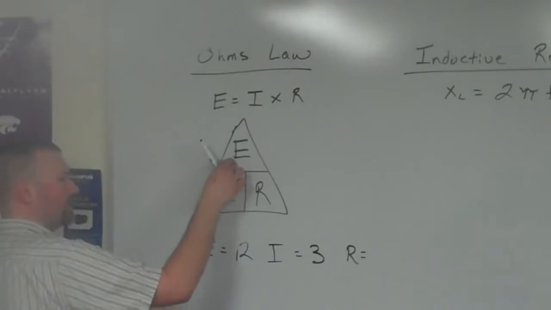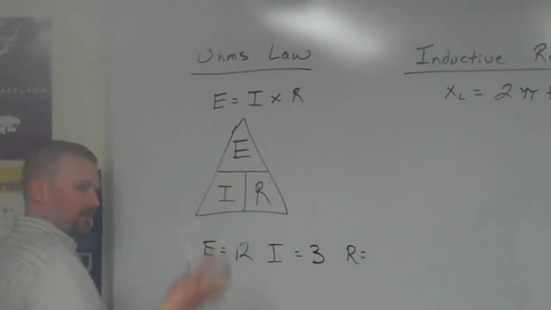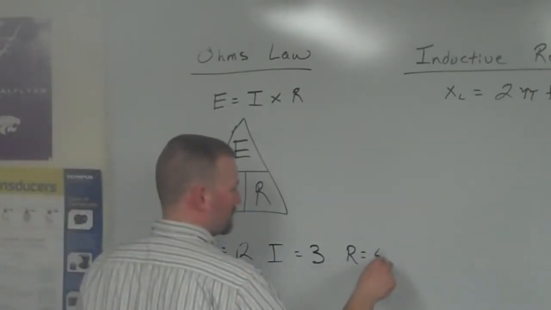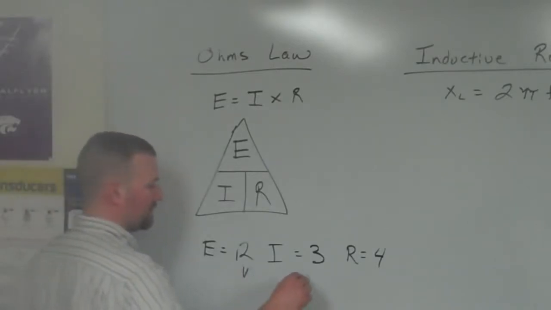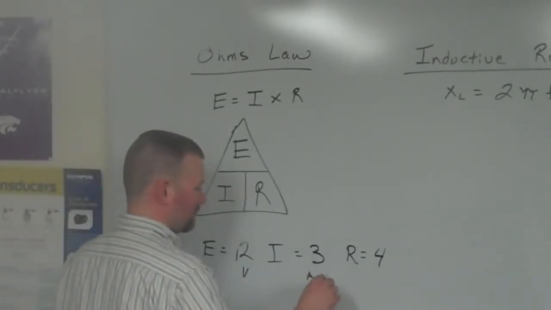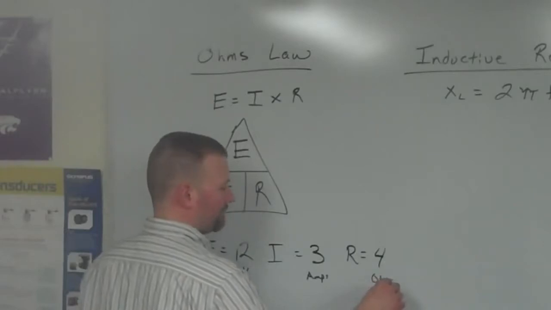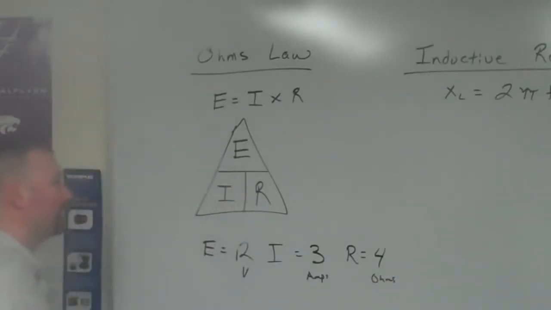We're going to have 12 divided by 3. That's going to equal 4. Very, very simple there. And remember, these are all units again: volts, amps, ohms. I don't think you should have any questions there. That one's pretty simple. Some of them you don't even need a calculator for.